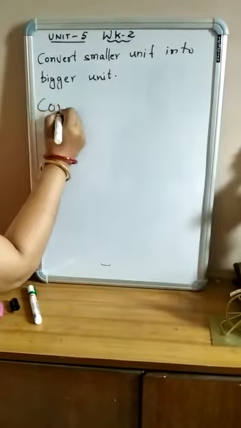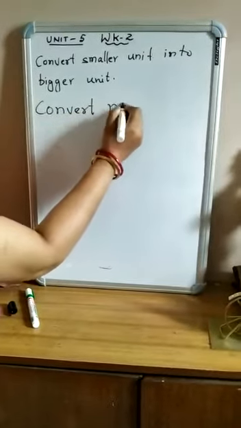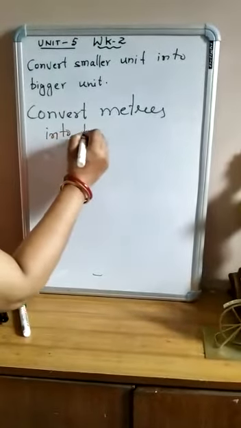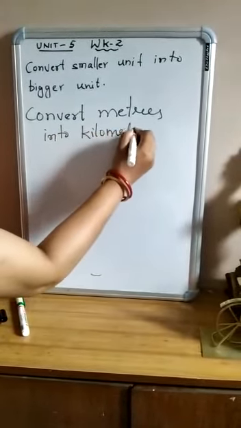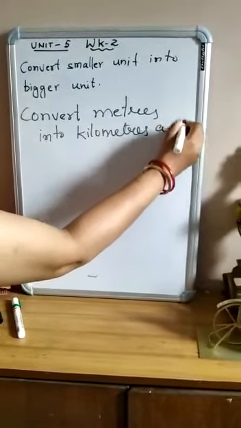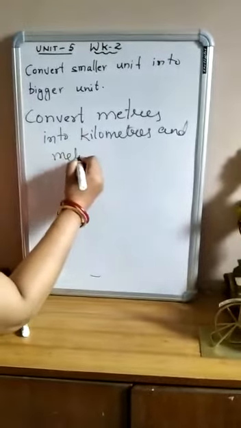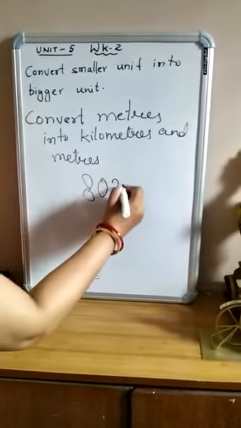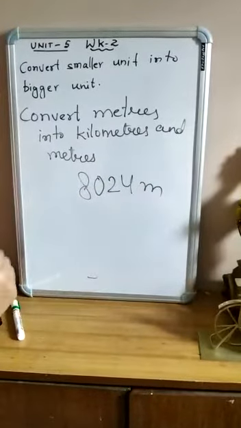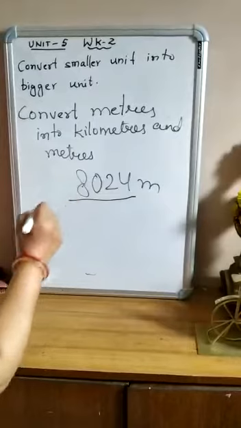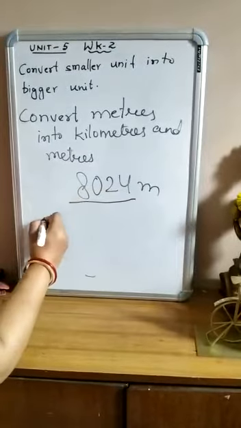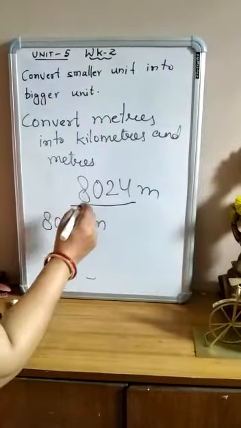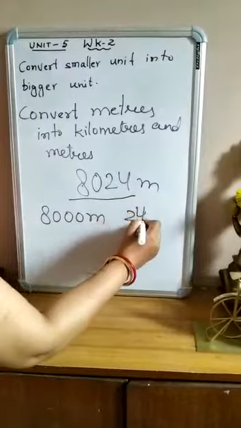Now let us convert meters into kilometers and meters. Now for example children, 8024 meter, correct? Now we split this 8024, we can write as 8000 meter and 24 meter.